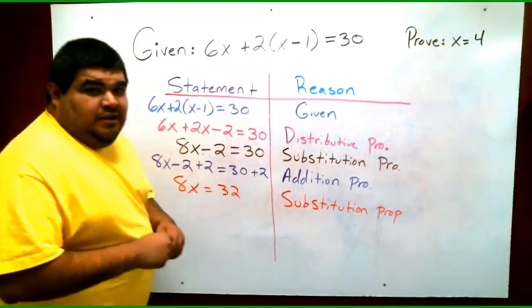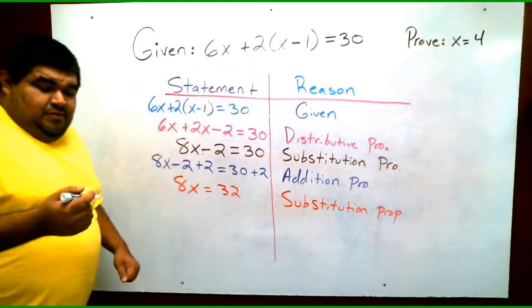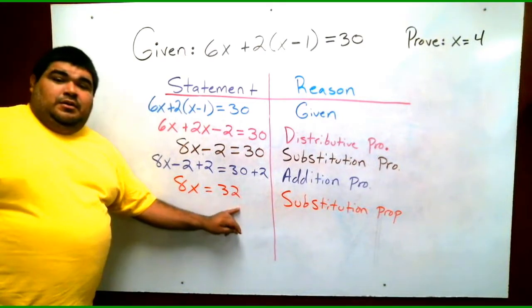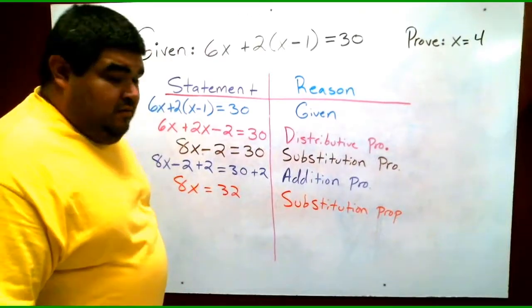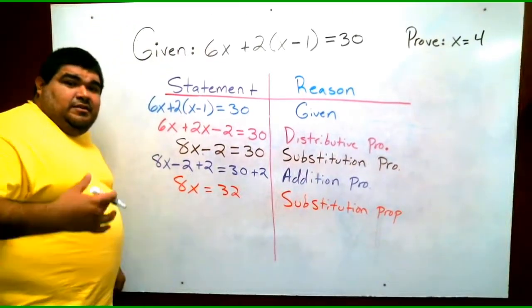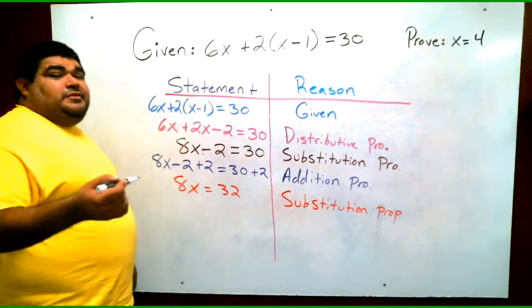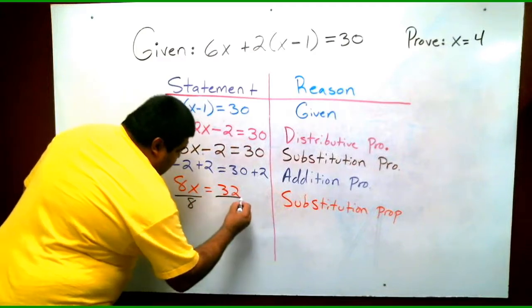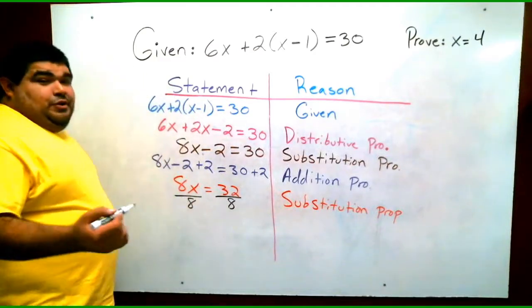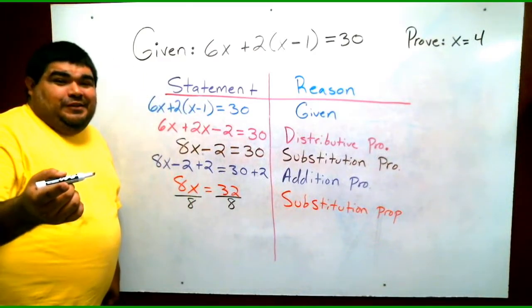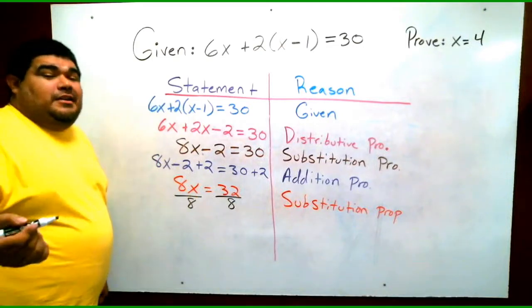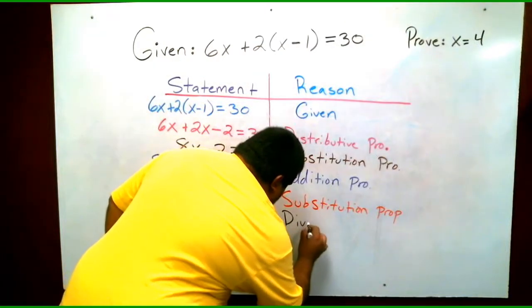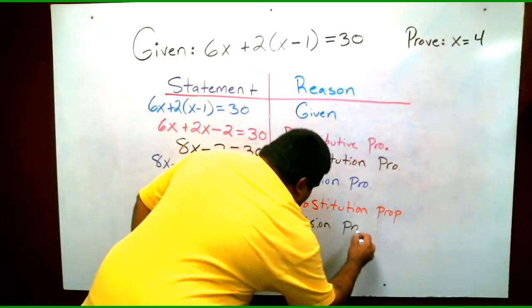We're almost done. Remember, what's the next step in this equation? We have 8x equals 32. We're trying to get rid of the 8, right? Leave x alone. So the opposite of multiplication is division. So divide by 8. Division, right? So it's division property.